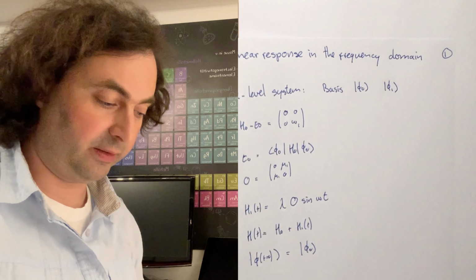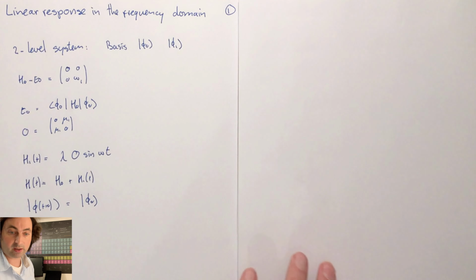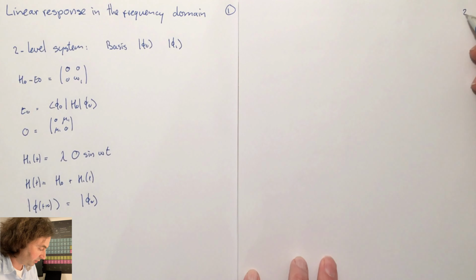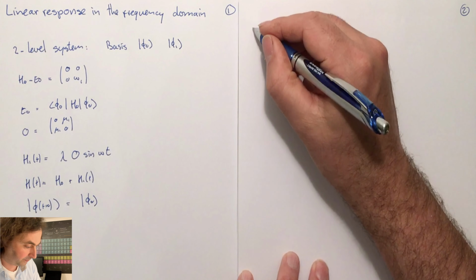And then we calculated what the state at time t is, and we calculated what the expectation values of O were, and with that we could define a susceptibility.